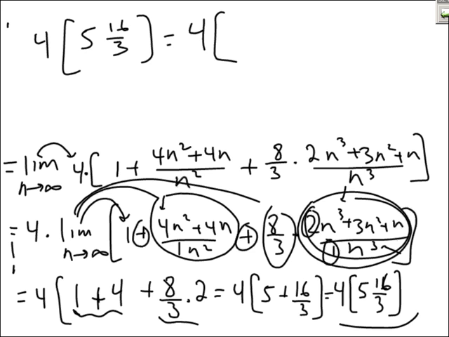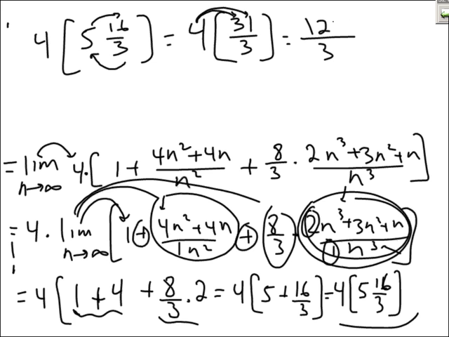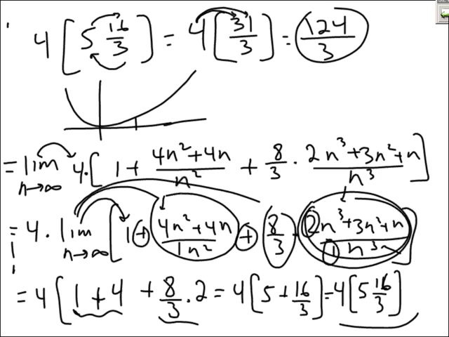What is 5 and 16/3? 3 times 5 is 15 plus 16 is 31/3. And 4 times 31, well 4 times 30 is 120 plus 4 is 124 over 3. That's the exact area under the curve y equals x cubed from 1 to 5.